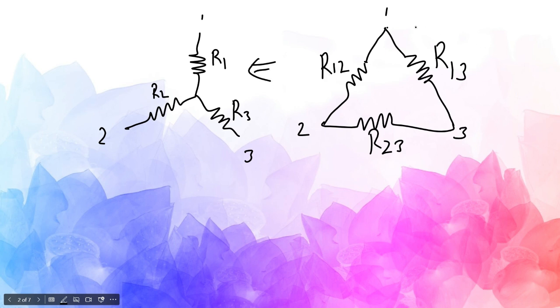Similarly, for the delta circuit, I'll look at it from this angle. First let us do it. In case of the star connected circuit, if I try to find the equivalent looking at this, this will be kind of an open circuit.